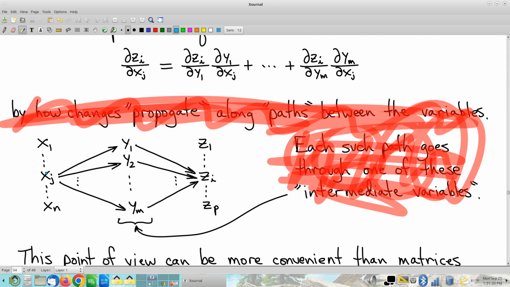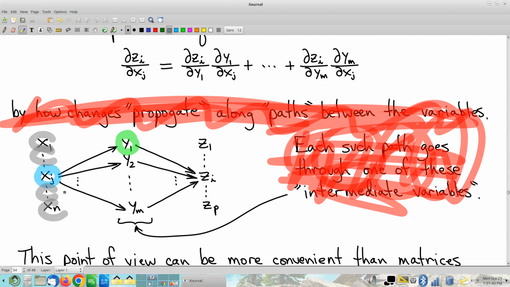So xj is changing, and y1, I did in green. I want to know how much y1 changes as xj changes, again with the understanding that the rest of these variables are all constants.